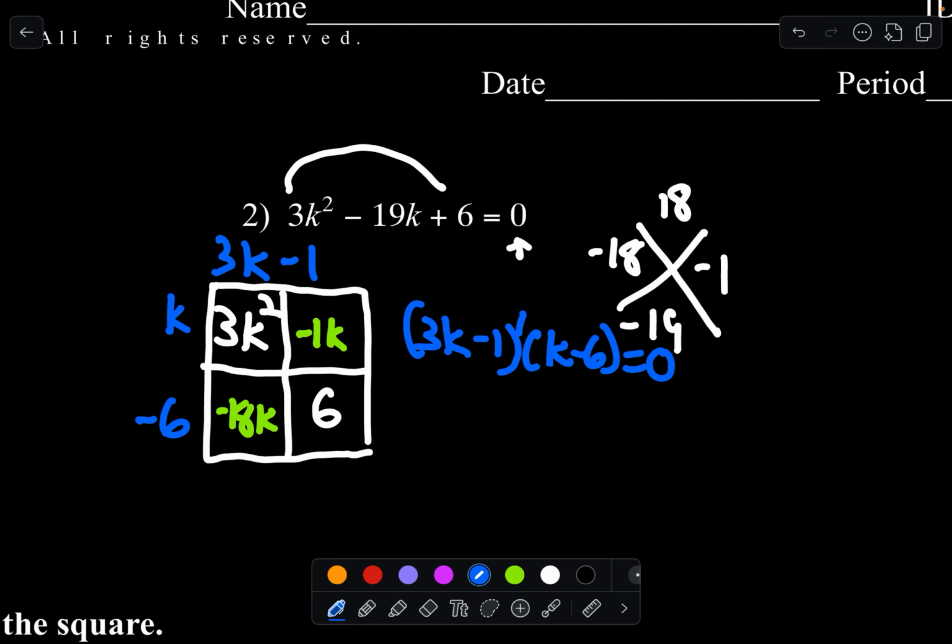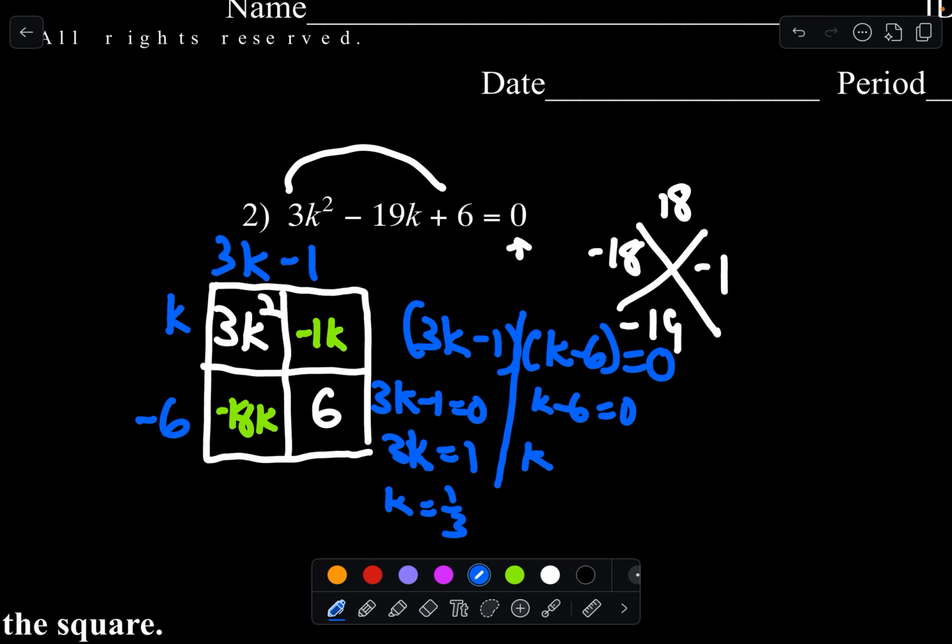Now set each factor equal to 0. If 3k minus 1 equals 0, 3k equals 1, k equals a third. On the second one, if k minus 6 equals 0, then k equals 6. Those are my two solutions.